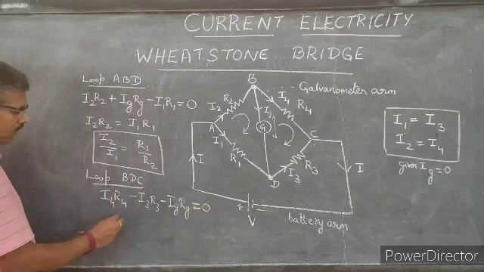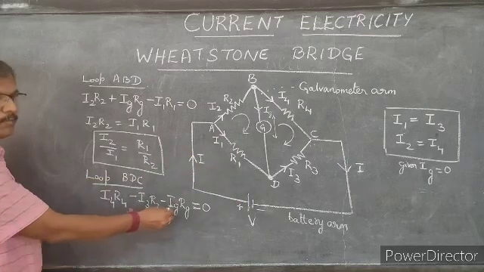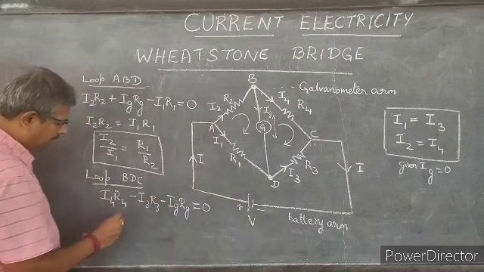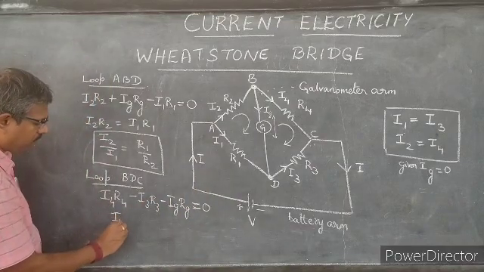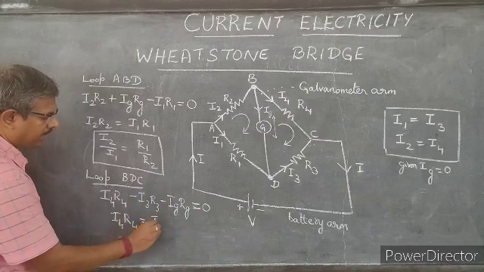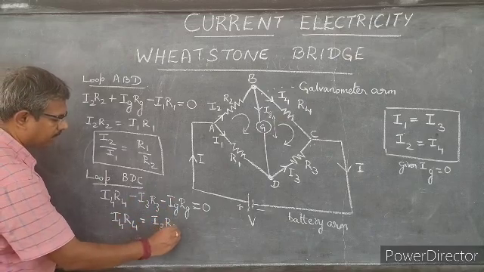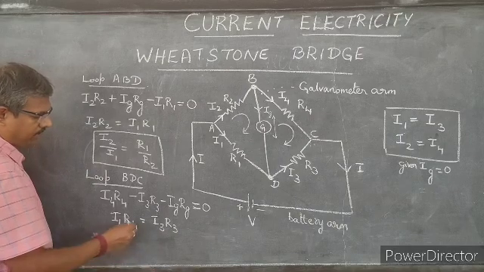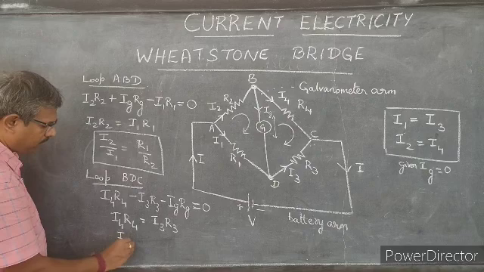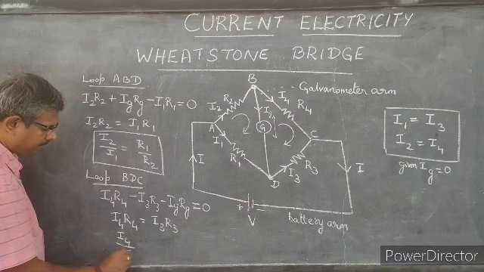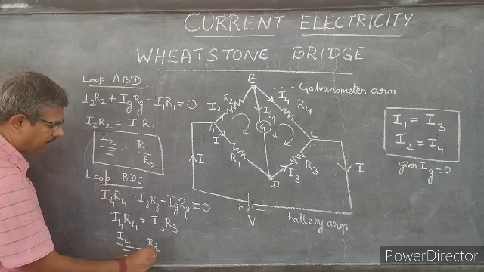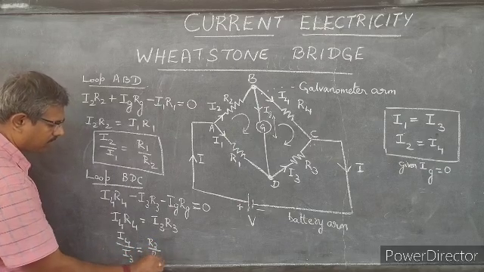Ig is already, we have assumed the current flowing through the galvanometer arm to be 0. Hence, Ig is 0. So that leaves us with I4 R4 equal to, I take this term to the right, I get I3 R3. So again, I bring I3 this side, so I am left with I4 by I3 equals R3 by R4.